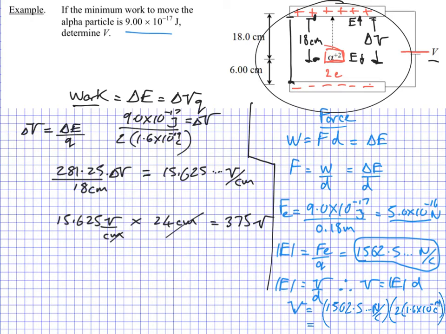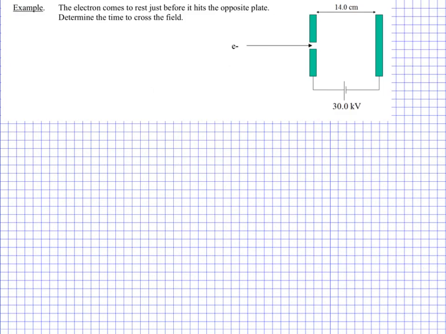And that's going to give you, surprise, surprise, 375 volts. Notice that they are the same. There are 2 different ways of doing this. Both are very useful.